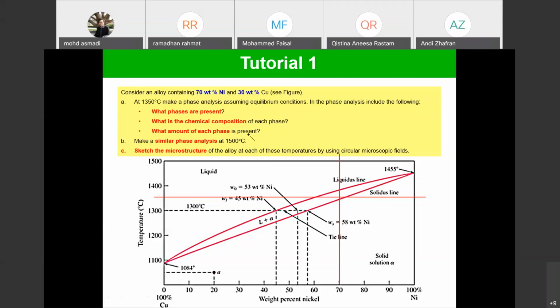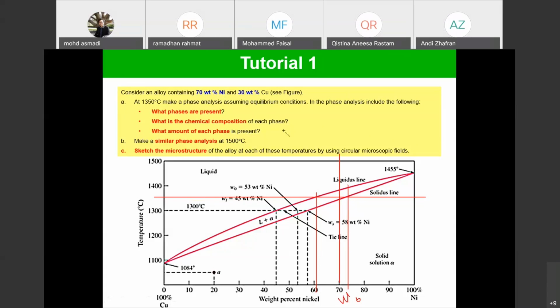So if you look at here, this is the W naught, right? Similarly, how can we determine? Draw the straight line. This one is WL, and this one is WS.